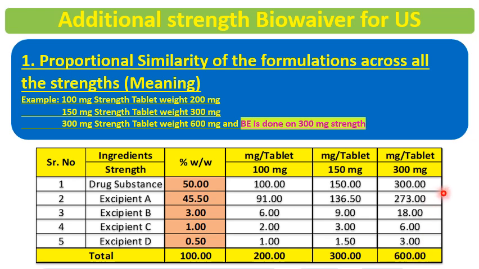So in this the tablet weight is increasing as per the increase in the tablet strength, that is label claim, and it is in proportional increase, like for 100 mg the tablet weight is 200 mg, then for 150 mg the tablet weight is 300 mg. This is 1.5 times increase, and here the 3 times increase from 100 mg. We have to consider this in very much detail, then only we can understand.